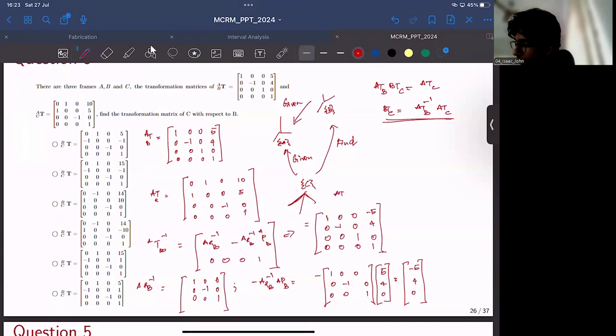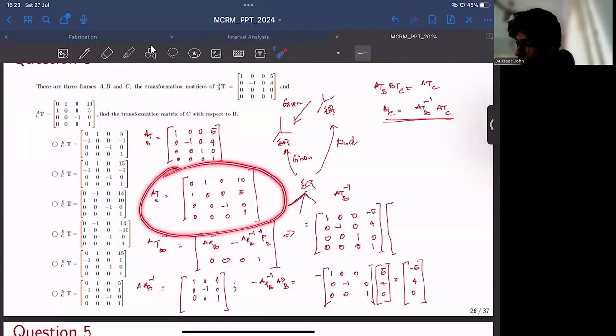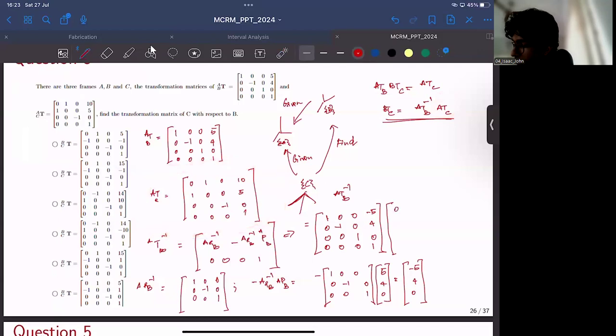So this entire thing would be ATB inverse. Then you have to multiply it with ATC over here. So that is nothing but this one: 0, 1, 0, 10, 1, 0, 0, 5, 0, 0, minus 1, 0, 0, 0, 0, 1.